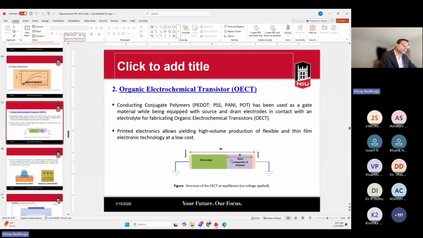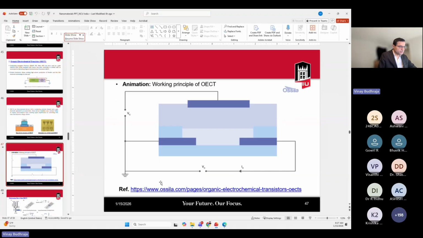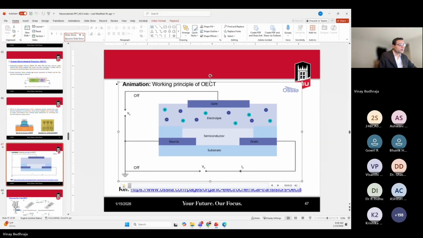So you are all aware of the MOSFET. In the MOSFET, we have metal oxide semiconductor. And in the structure of the MOSFET, if you replace the oxide completely with the electrolyte, you make the OECT. Here is a short animation of how the OECT works.